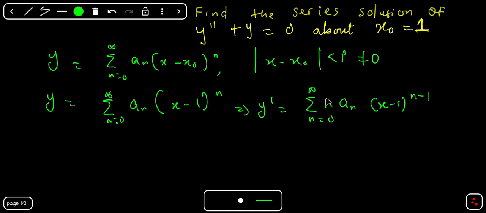So if n starts from 1 to infinity, what we're going to have here will just be a_1.